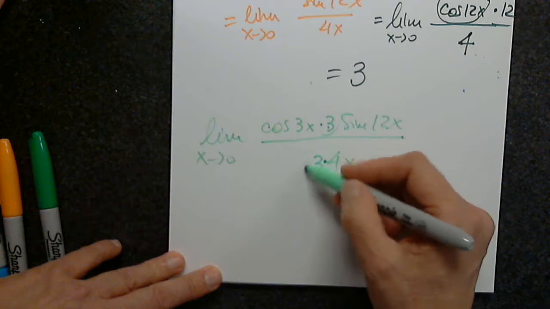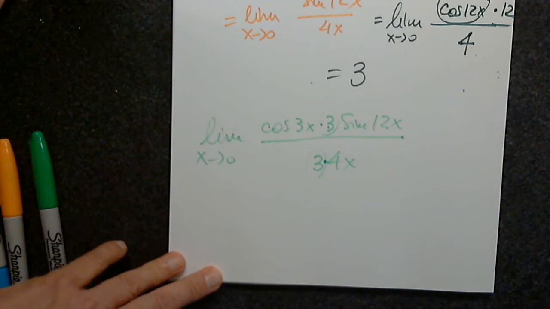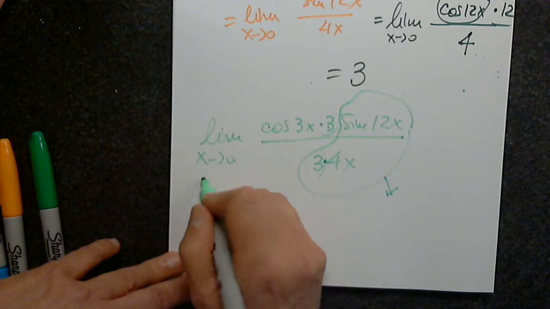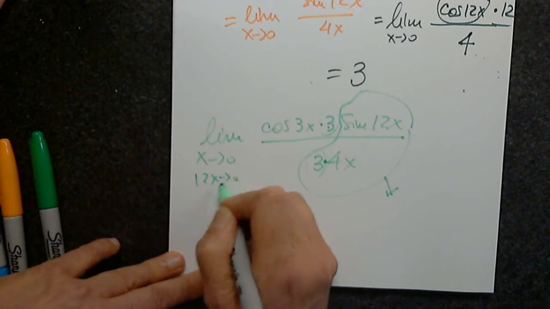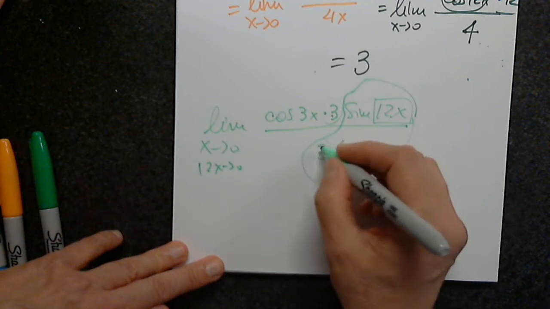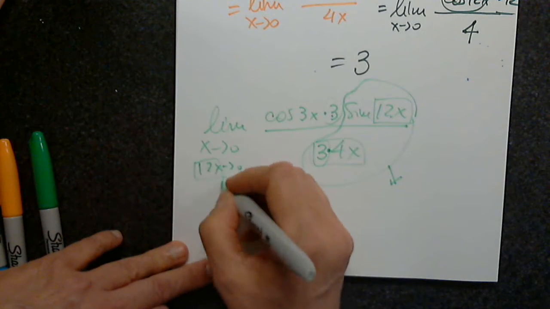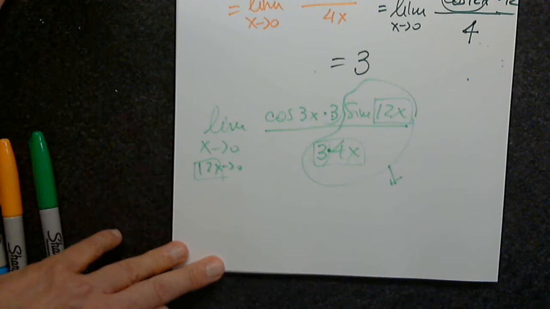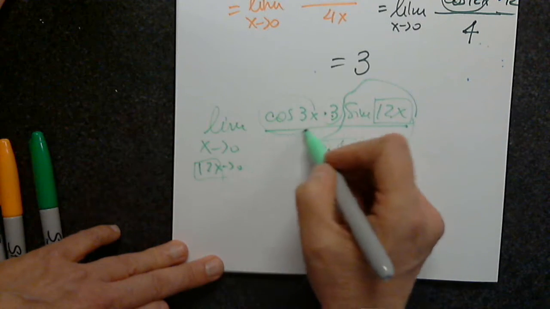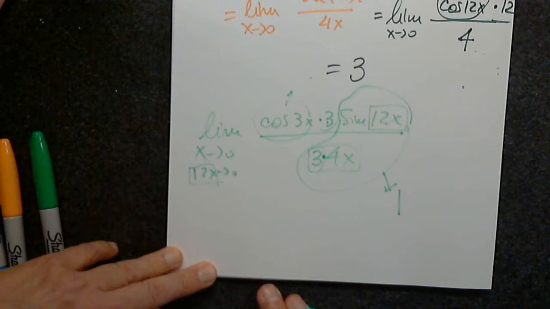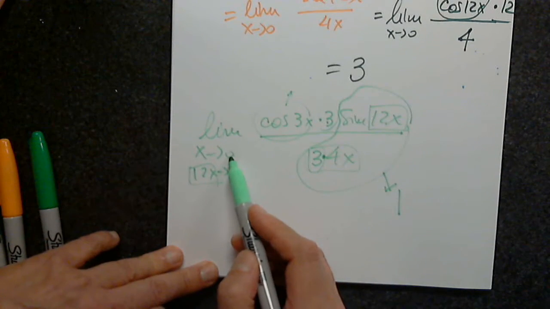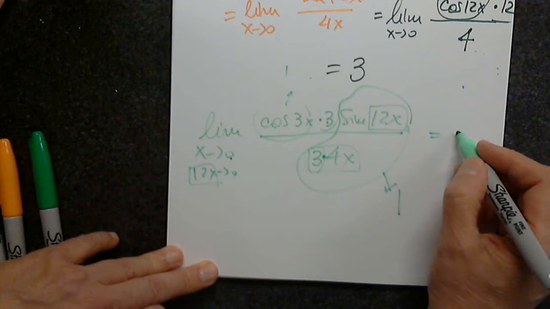If I multiply the top and the bottom by 3, then I know that this approaches, remember, 12x approaches 0. If x approaches 0, 12x approaches 0. And I have that little box. Where does this go? Excellent. Where does this go? It didn't change. Nothing changed there for cosine. Where does that go when x approaches 0? 1.